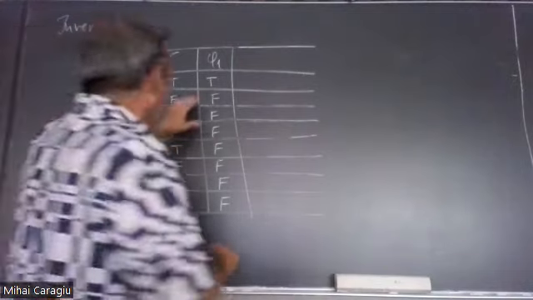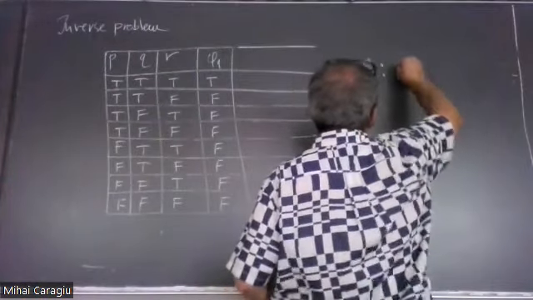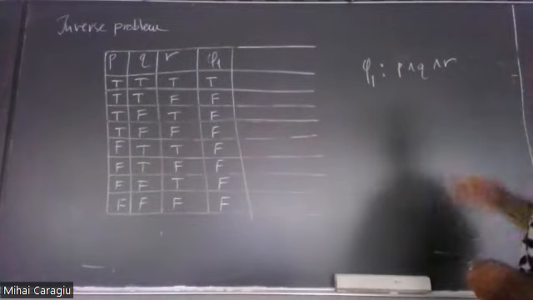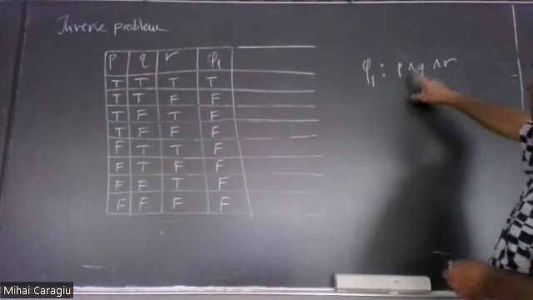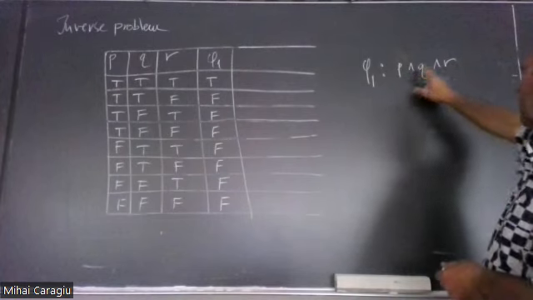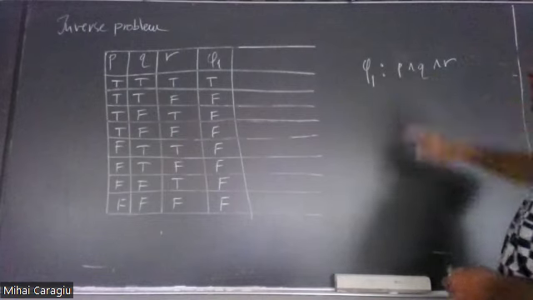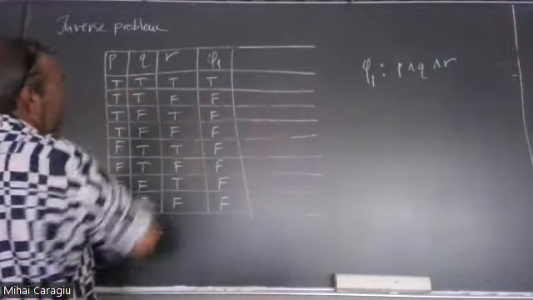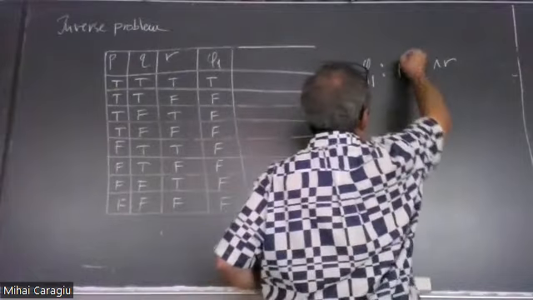So phi 1 is P and Q and R. A conjunction of all 3 atoms is true precisely when all the atoms are true, which is exactly what happens here. That's phi 1.